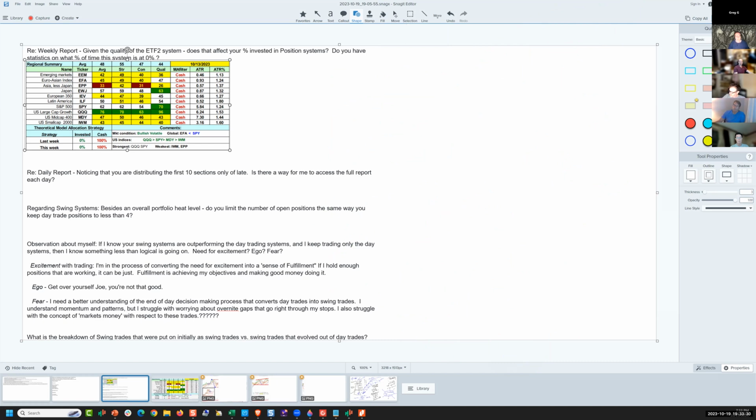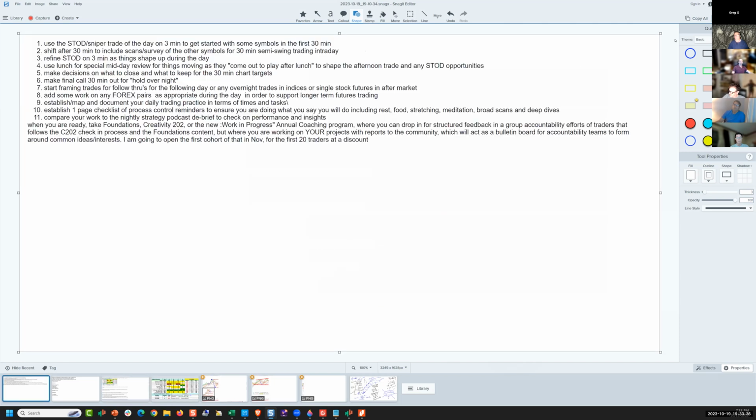Let me furthermore answer that question by looking at how I answered Sundeep Gupta's question about how to get back on board with the symbols, and this was as close of an approximation to how I'm trading right now with the hybrid swing as I can put into words.